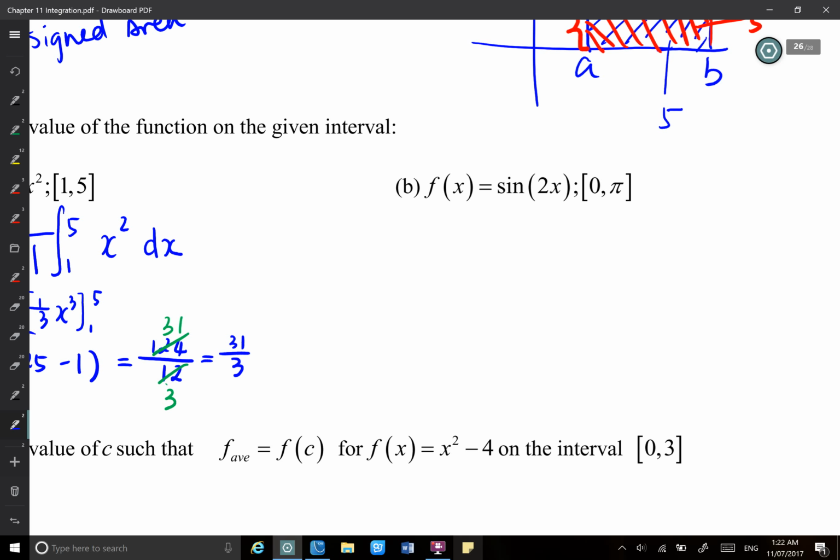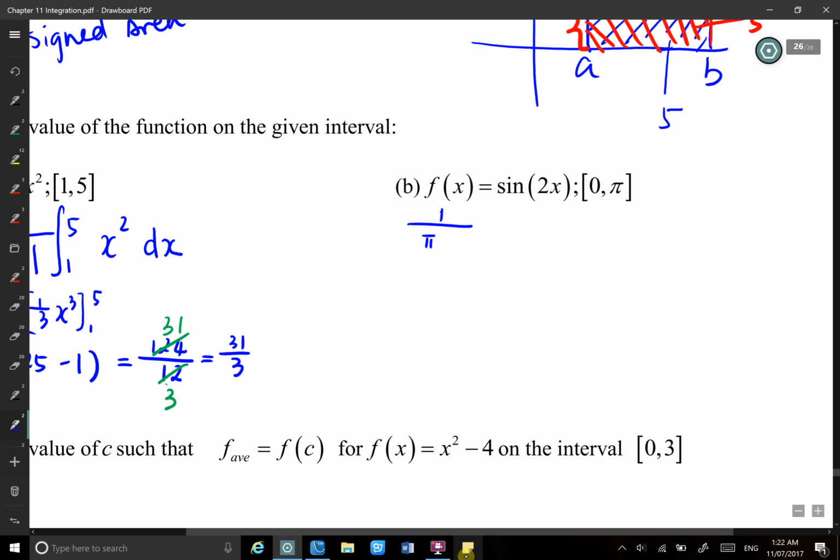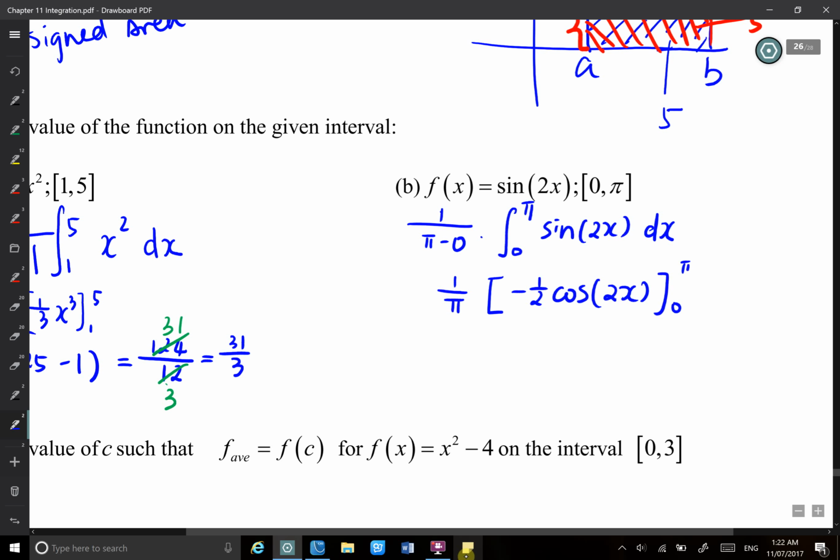Part B: sine 2x, from 0 to pi. So it's 1 over pi minus 0, times the integral from 0 to pi of sine 2x dx. That's 1 over pi times negative a half cosine 2x, from 0 to pi.